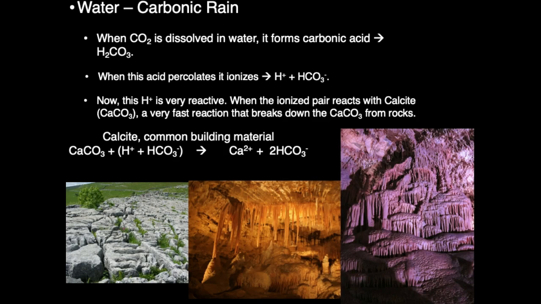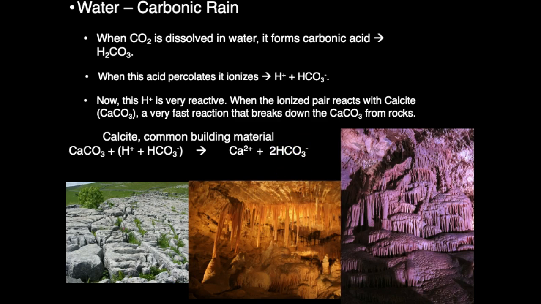Again, carbonic acid makes two ions, one of them, the hydrogen, being highly reactive, and the other one, the bicarbonate ion, both of those being here. Once they react with calcite, which is one of the common minerals that many rocks are made out of, those ions from the carbonic acid react with the calcite, and they make up a salt of calcium ion and a bicarbonate ion as well.